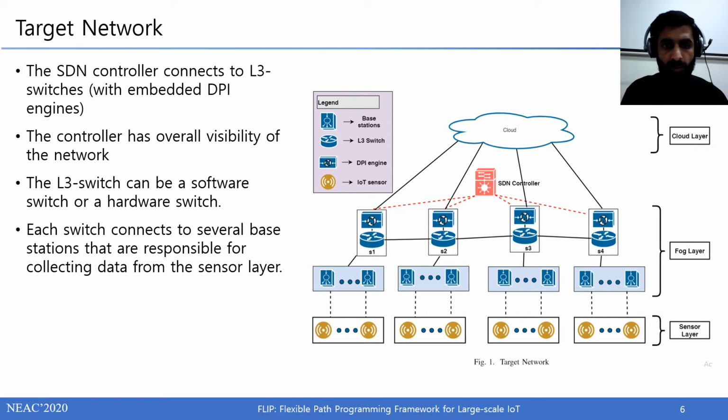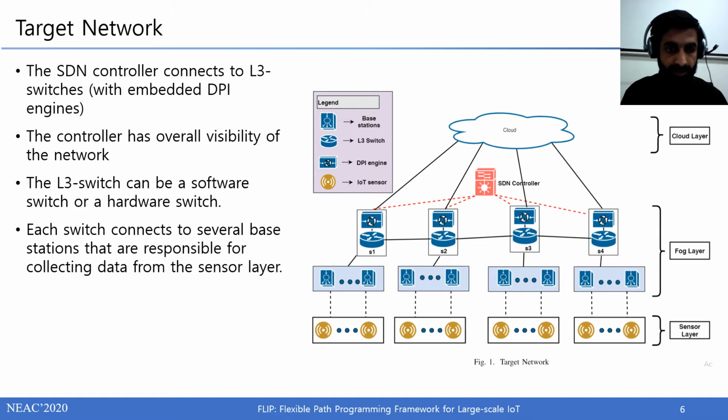This is our target network. We have presented a hierarchical view of the target network. So on the top, we have the cloud layer where the actual cloud of the server lies. Then we have the fog layer that consists of the SDN framework, the SDN controller, and the L3 switches.